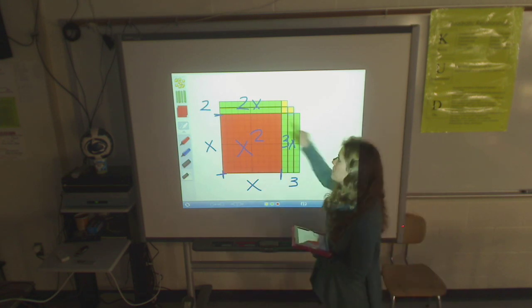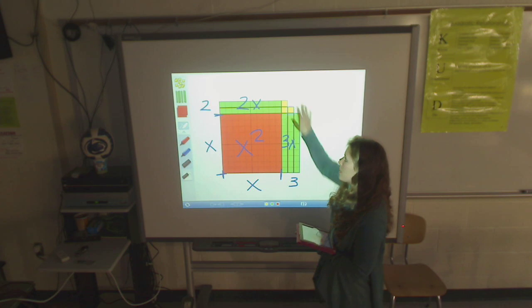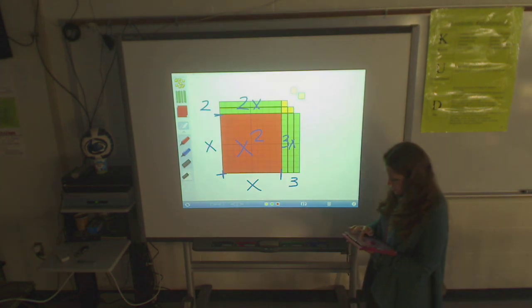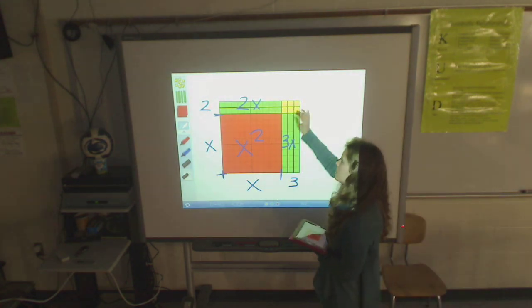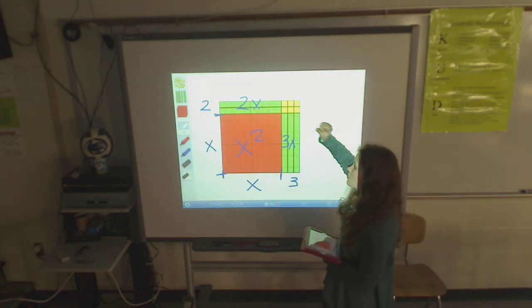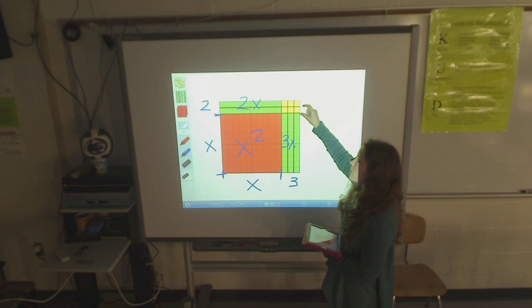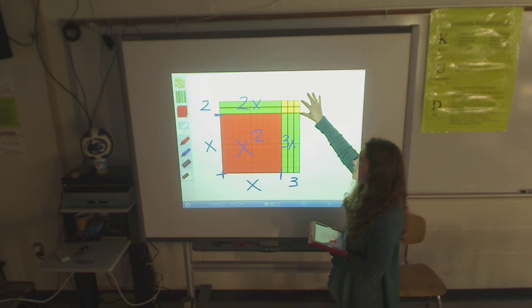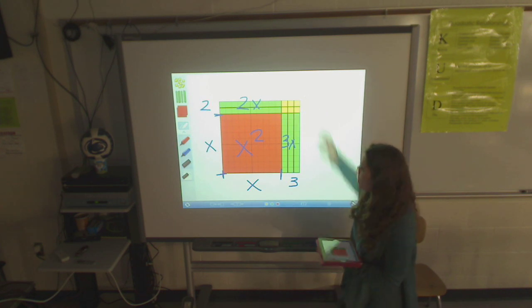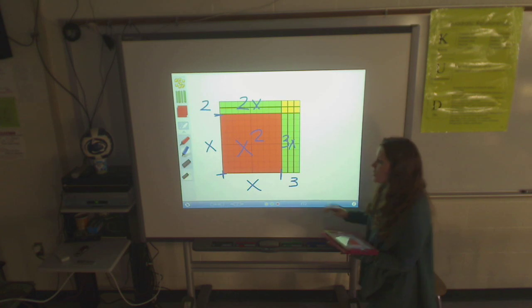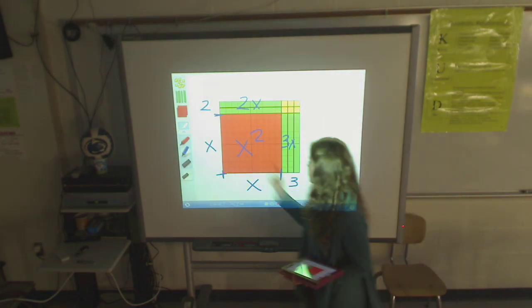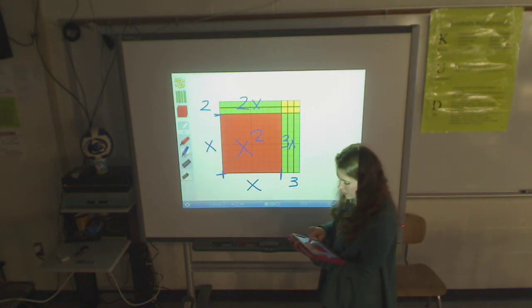So we want to fill in this space right here to figure out what our missing amount is going to be. So we can go ahead and do that. And when we do that, you'll see that we get 6 perfect little, we used to call them the ones, but they're just the yellow squares for right now. But our yellow squares, there's 6 of them that fit perfectly right here. So, a neat nifty trick, you can also see that 2 times 3 will give us our 6 right here.